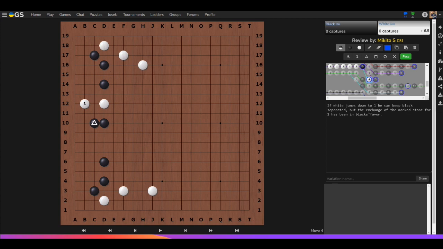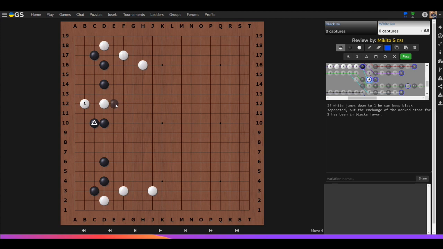But the exchange of the marked stones for this one is in black's favor. So the idea is that this move makes this move look better, right? Because black's already fine here, so black can now take the first move on the outside for the group that got cut off. So that is all the book covers in this.